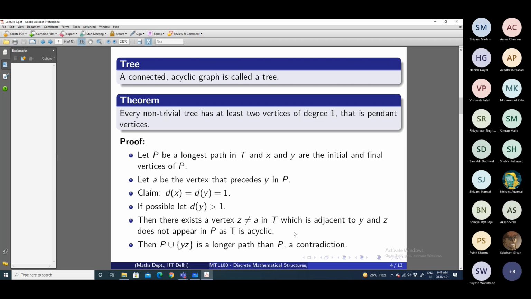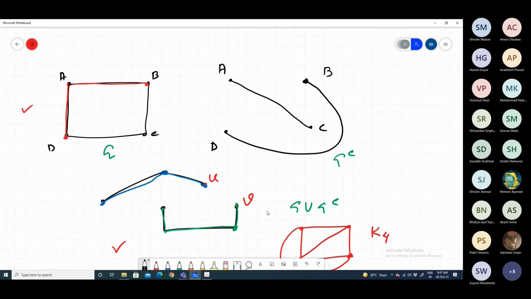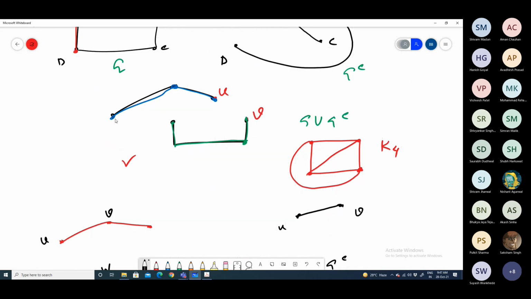Now, what is the difference between a tree and an acyclic graph? As I told you, an acyclic graph can be disconnected, but a tree is connected. So generally, a connected acyclic graph is called a tree. For example, this one is an acyclic graph, but this is not a tree.